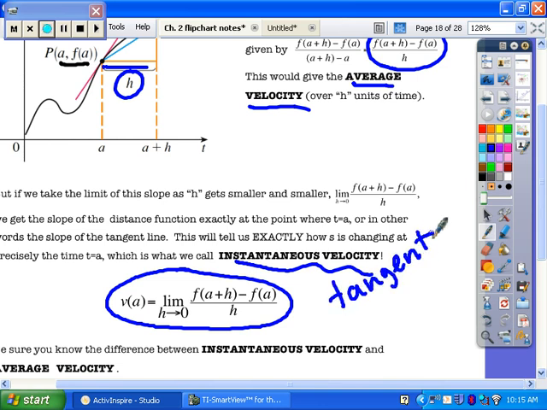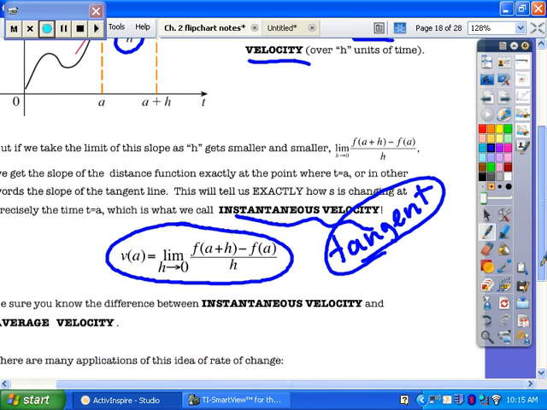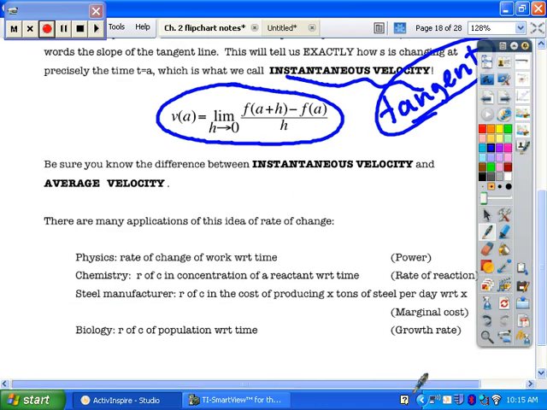All we're doing here is seeing it worded differently in relation to velocity and position: instantaneous velocity and average velocity. Be sure you know the difference between the two. Instantaneous velocity is the slope of the tangent line. Average velocity is the slope of the secant line.